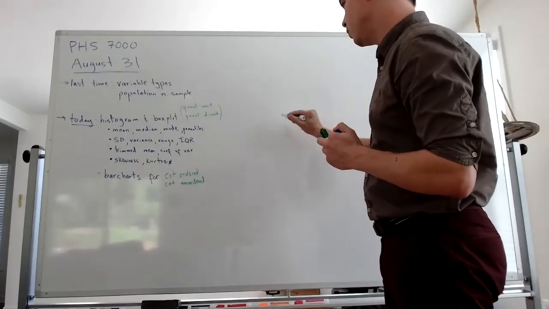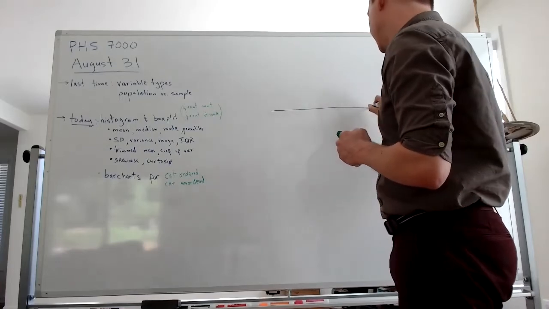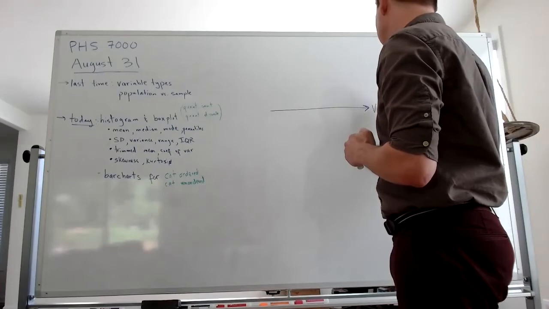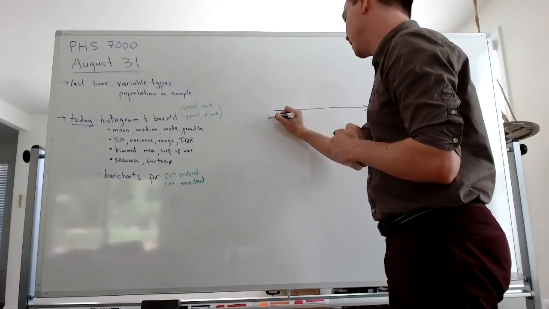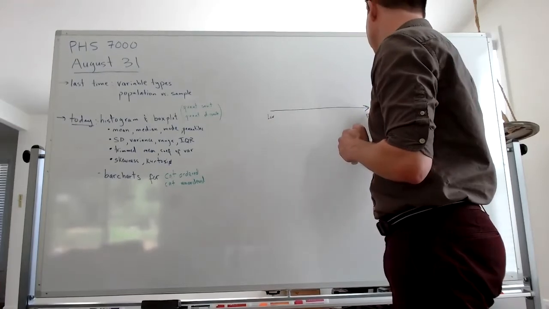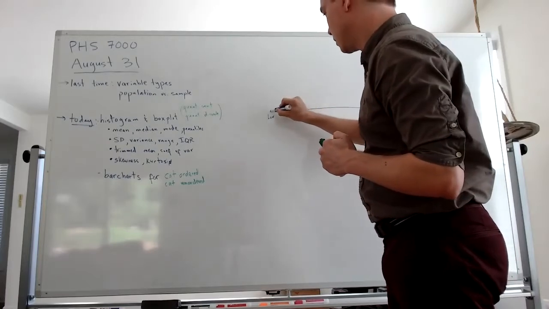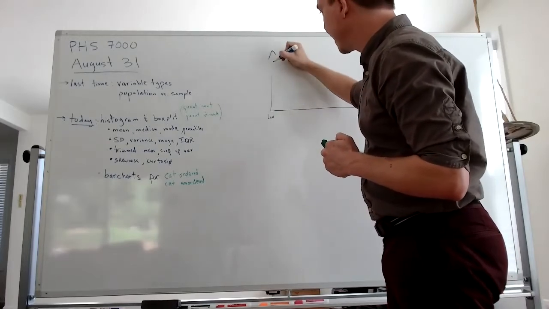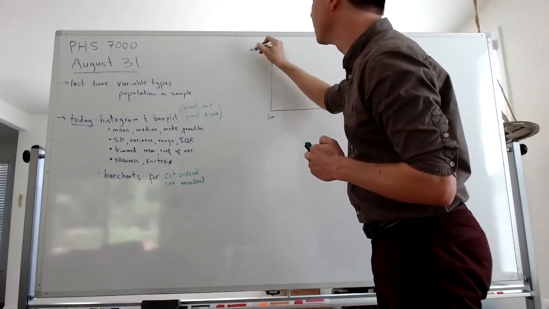So a histogram, we take our quantitative variable, and I'll just say low values go here, high values go here. On the y-axis, we have relative frequency.